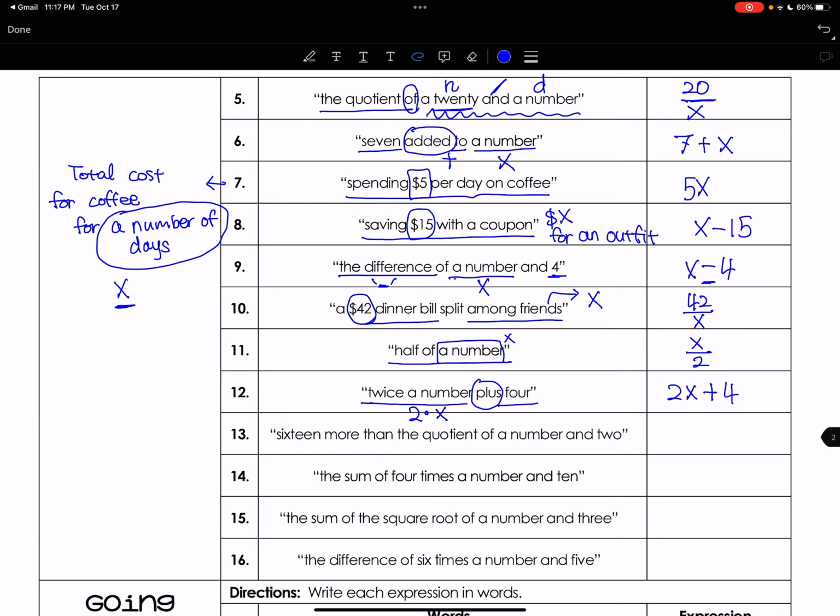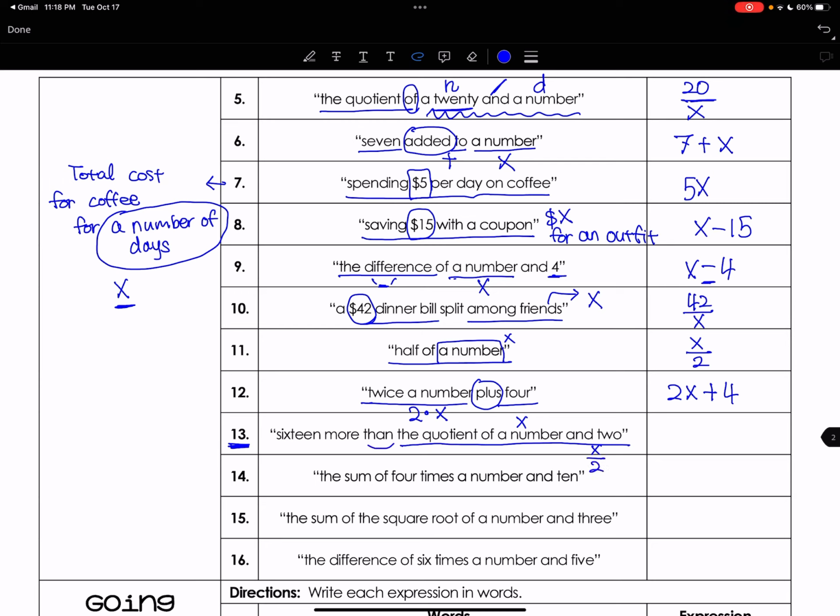And then this is number 13, the turnaround phrase. So you're going to write the phrase after first. So the quotient of a number and 2, a number is x. This needs to be translated as x over 2.